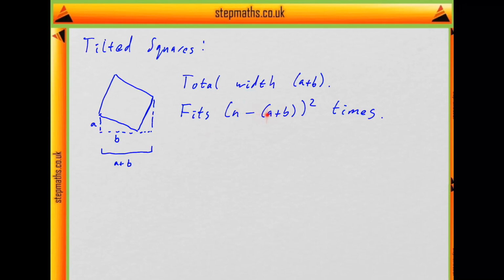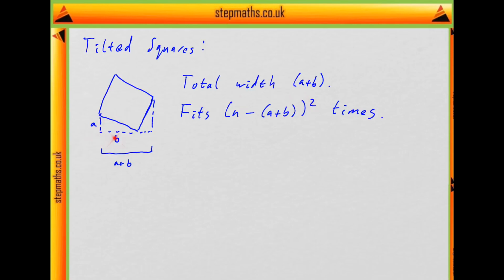Likewise, this is going to fit in n minus a plus b all squared times. Because imagine I try to fit this into an n by n grid, how much space is left to the right here? That's going to be n minus a plus b, and I can move it over that many times to keep it in. Or move it up or down that many times, and then I square it to get the total number of squares.